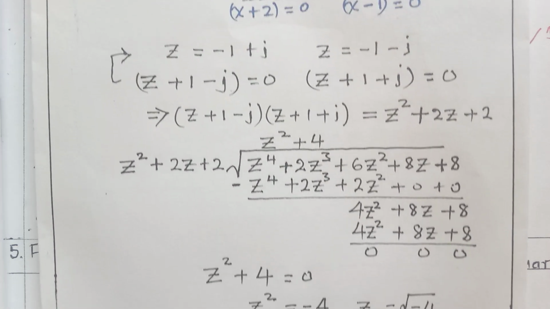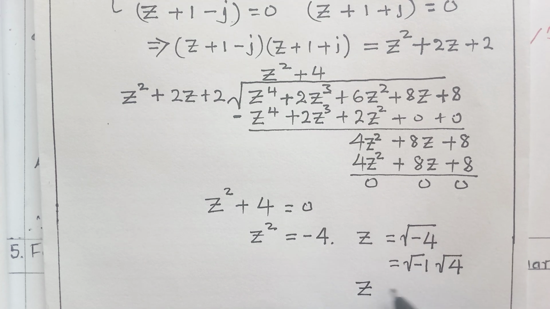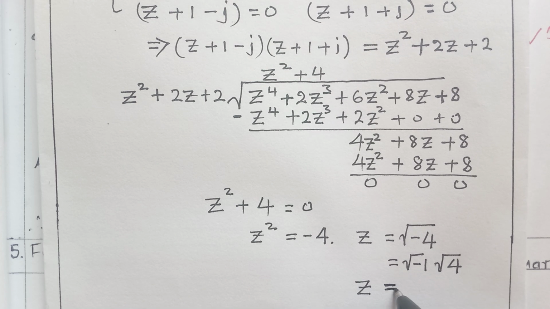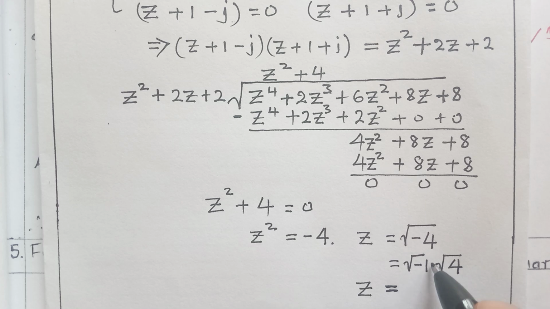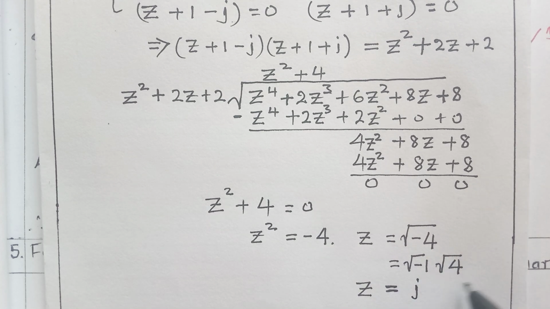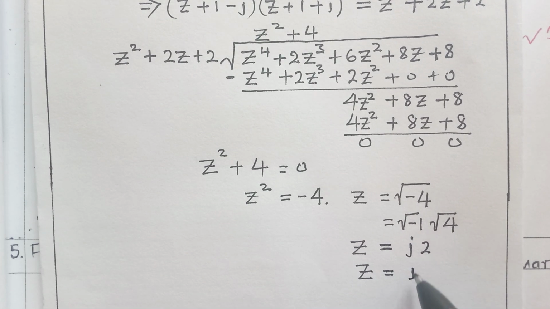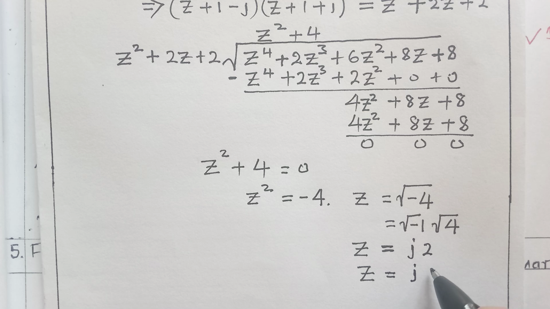So now we are going to get, guys, our z being equal to, this is j, we have j there, and then the square root of 4, it is 2, like that. Or again, we have z equal to j times the square root of 4, which can still be negative 2.